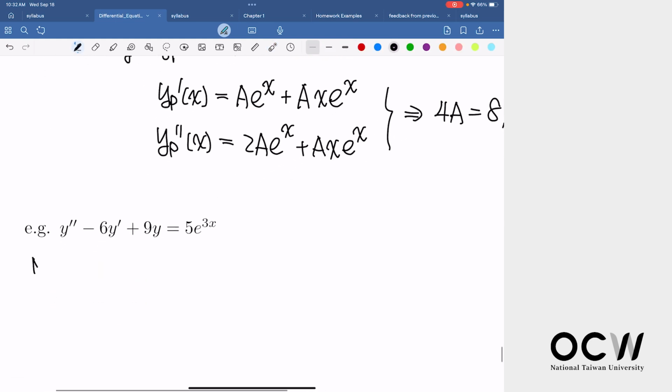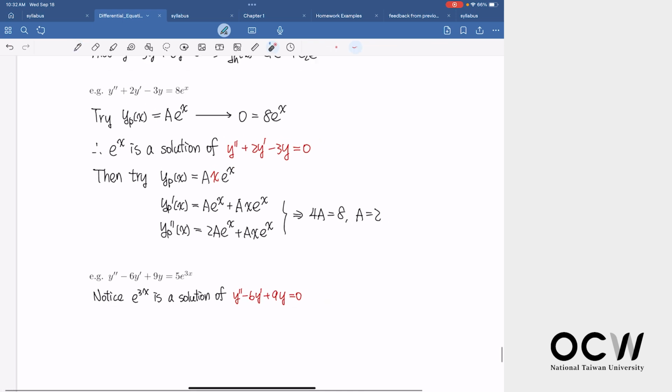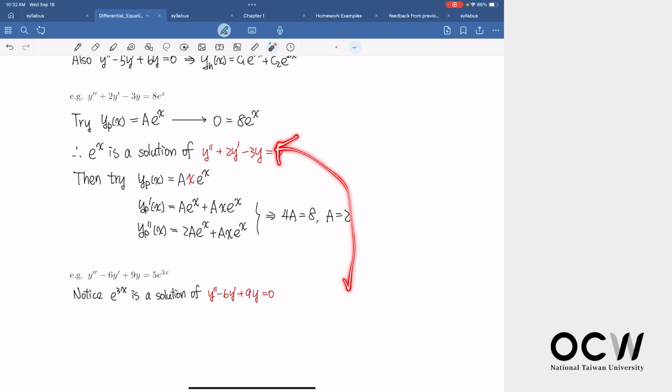So notice e to the 3x is a solution of y double prime minus 6y prime plus 9y equals 0. Same situation as the previous example.